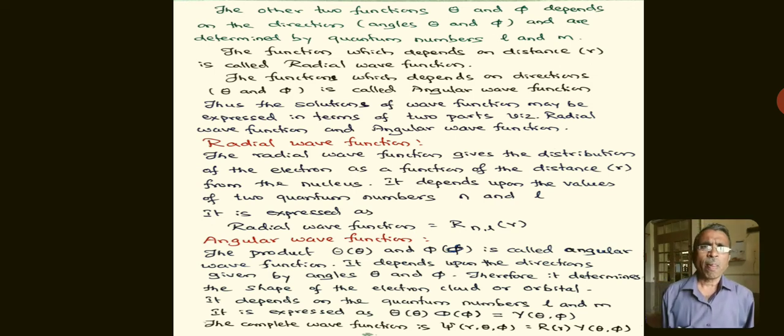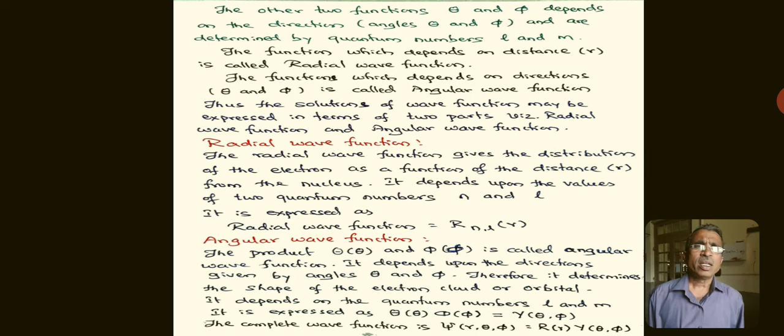Angular wave function: the product of theta and phi is called the angular wave function. It depends upon the directions given by the angles theta and phi. Therefore, it determines the shape of the electron cloud or orbital. We have studied that the azimuthal quantum number is also called the orbital quantum number, and the magnetic quantum number gives the shape of an electron cloud.